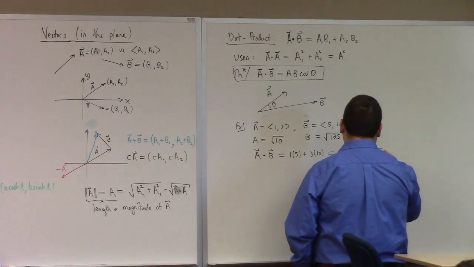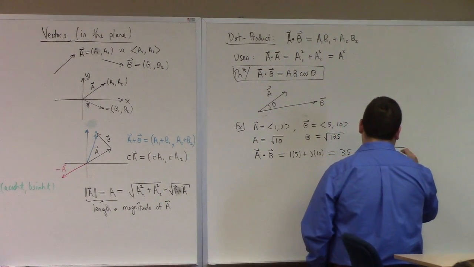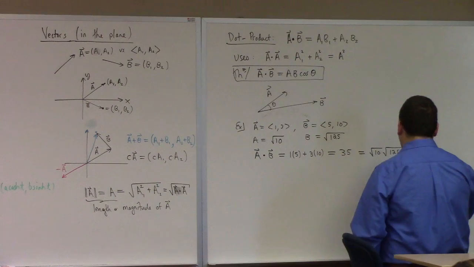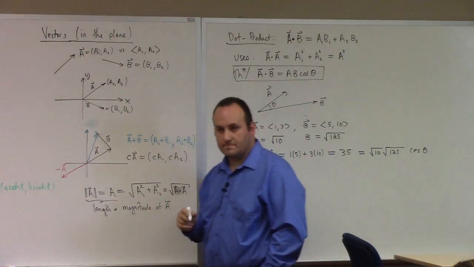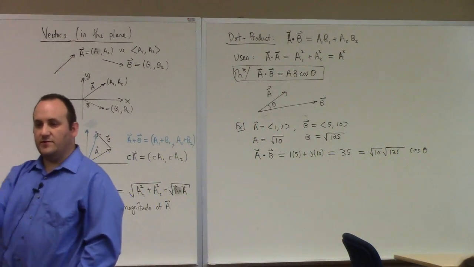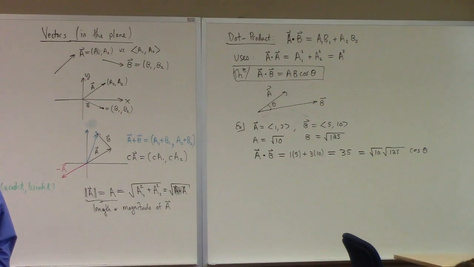So if you believe the theorem, and I encourage you to believe it, 35 is equal to the square root of 10 times the square root of 125 times the cosine of the angle between these vectors. Now, I know you guys could write those vectors in the Cartesian plane and do right triangle trigonometry to figure out the angle, right? Wouldn't be a big deal. My point to you is I don't have to, and I can find it with absolute certainty.